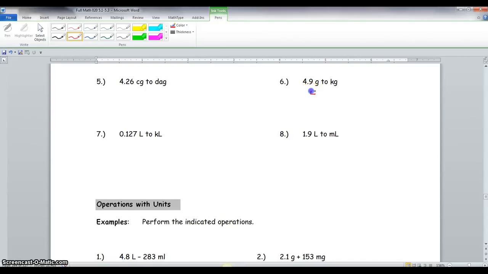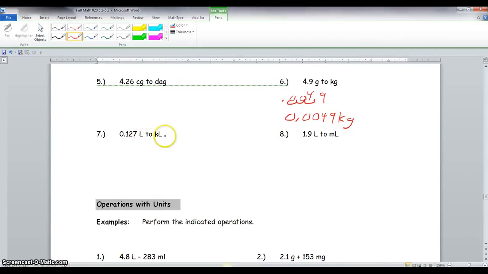So we will have 4.9. And we need to move 3 places to the left. 1, 2, 3. So we'll put these zeros here, and we know our decimal will be here. So our final answer would be 0.0049 kilograms.